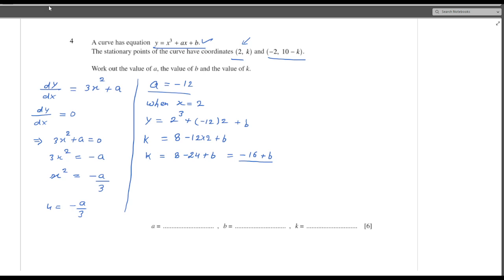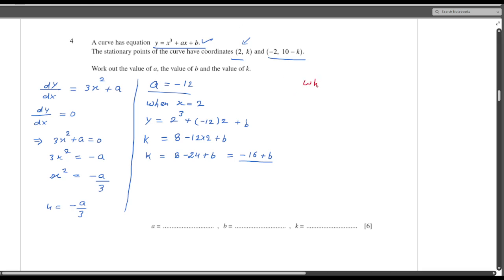I have one more point. When x is minus 2, I will say that 10 minus k will be equal to minus 2 cube plus minus 12 times minus 2 plus b.